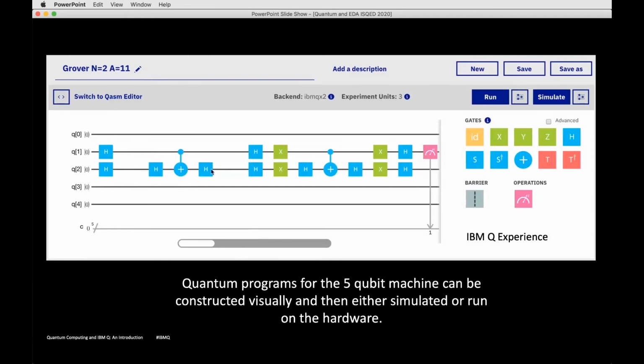And then we have a bunch of other single bit operations like the X, the Y, and the Z, and pretty much they are all flipping around a particular axis of the Bloch sphere. And then finally here we have this little gate which represents the measurement, which takes a qubit's complex value and maps it back to 1 or 0.